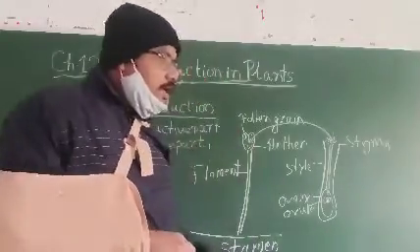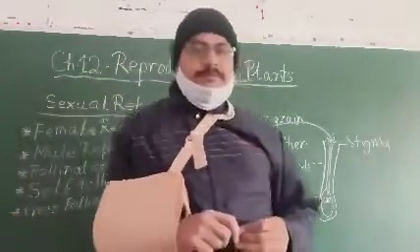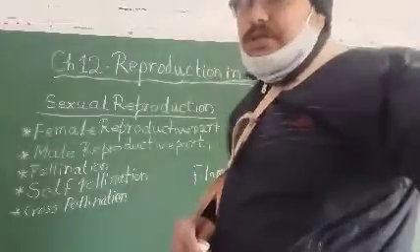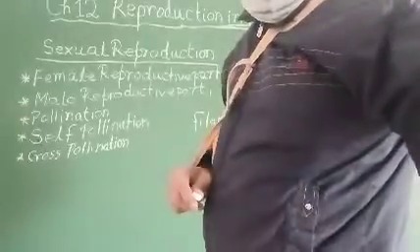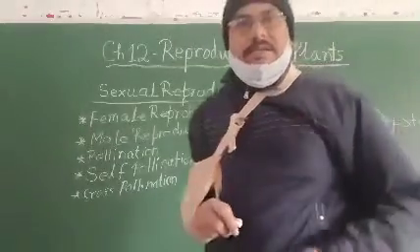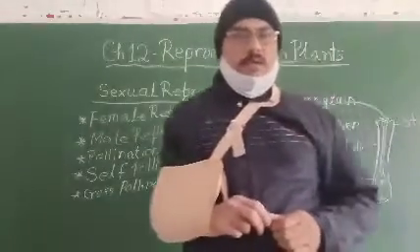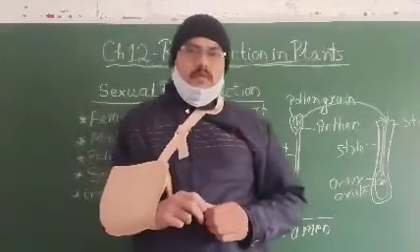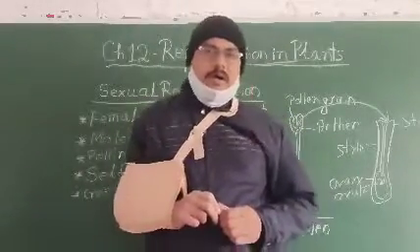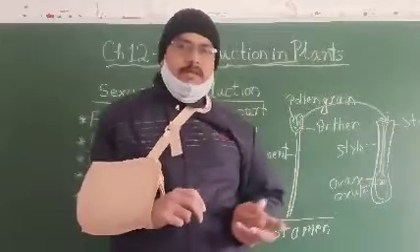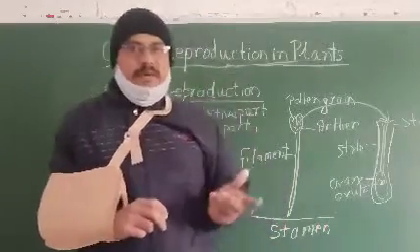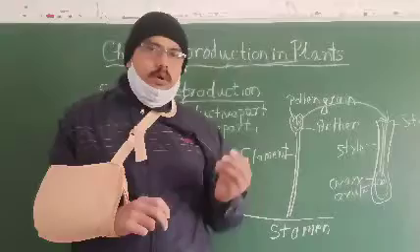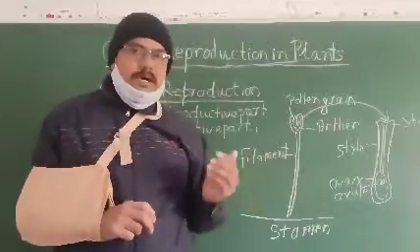Now student, as I have already told you, there are two different natures of flower. One flower contains only male or only female reproductive organ, and there is one flower in which both the male and female reproductive organs are present.